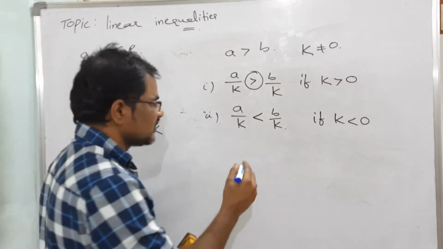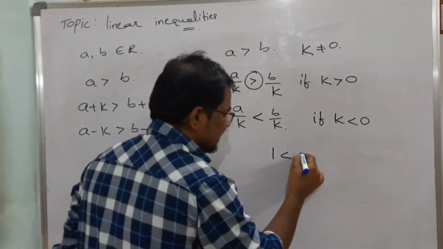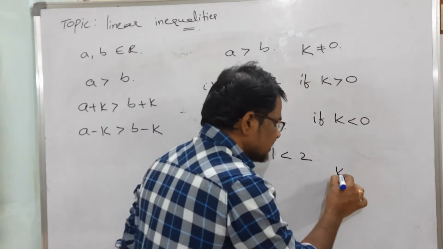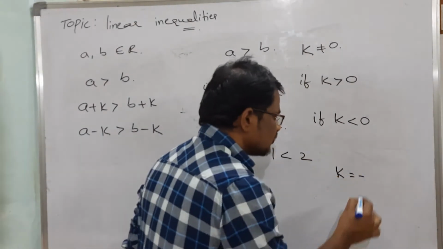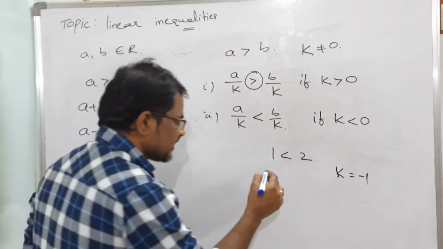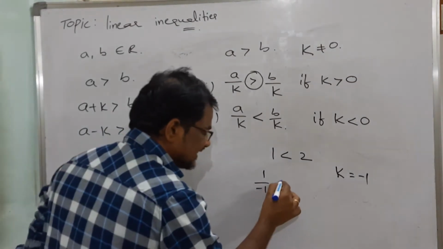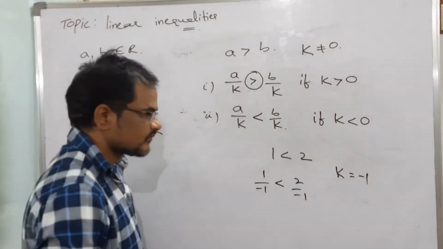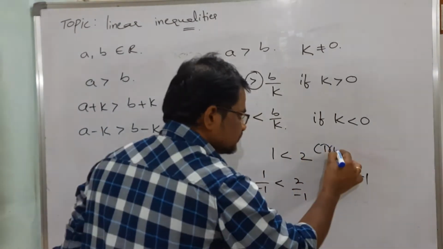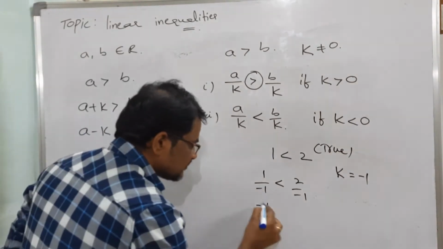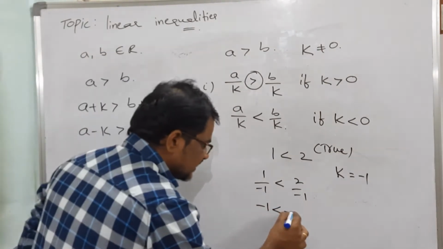For example, listen here: 1 < 2. Now take k as a negative value, k = -1. Dividing by -1, 1/(-1) < 2/(-1), that is, -1 < -2.